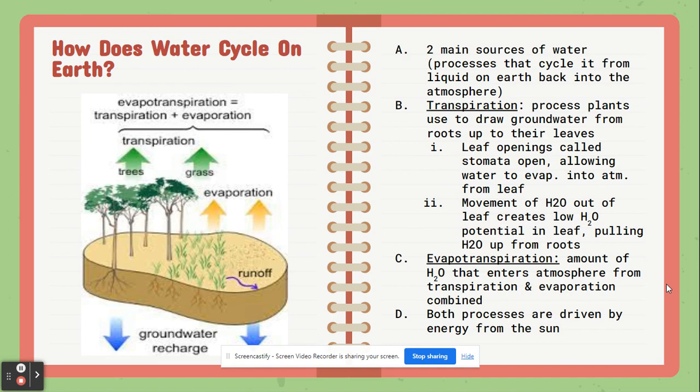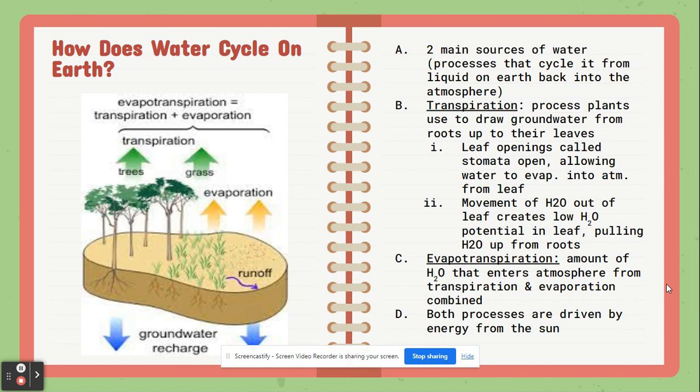So how does water cycle on Earth? There are two main sources of water. We can see transpiration. This is a process used by plants to draw groundwater. They take in water against gravity through their roots up through their leaves. That water eventually leaves through the opening of the leaf, the stomata. You might remember some of this from biology in freshman year.